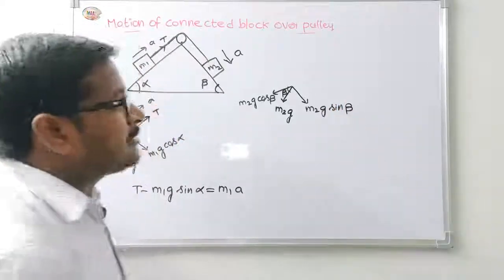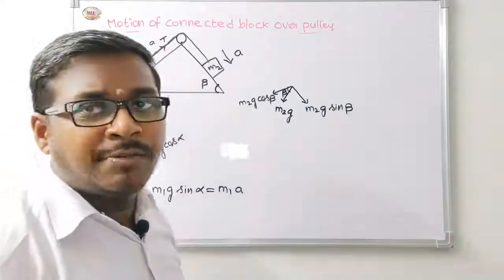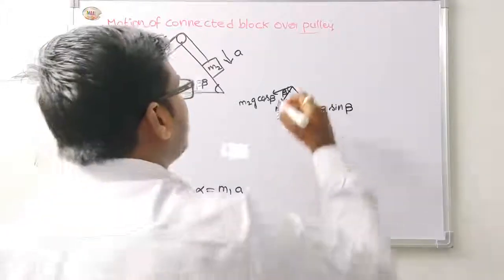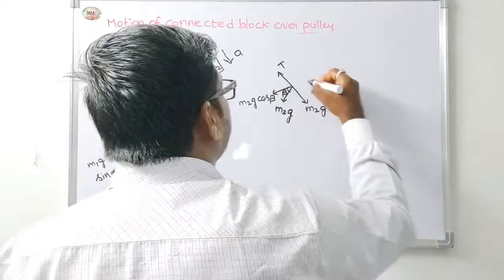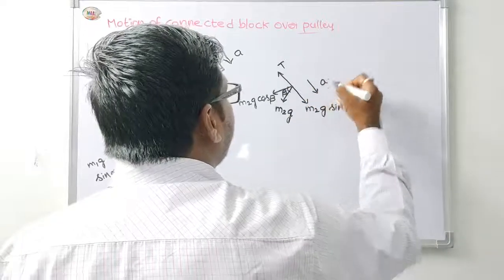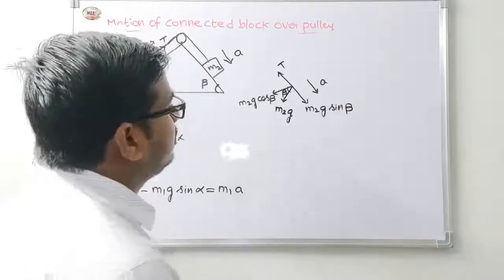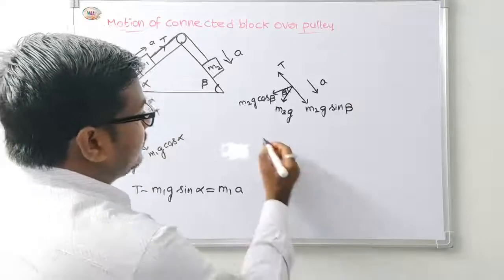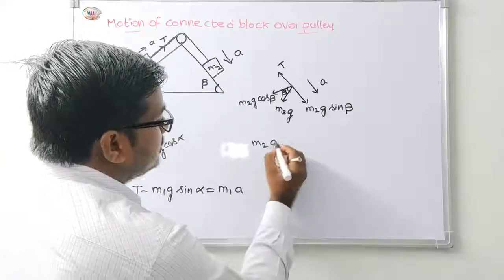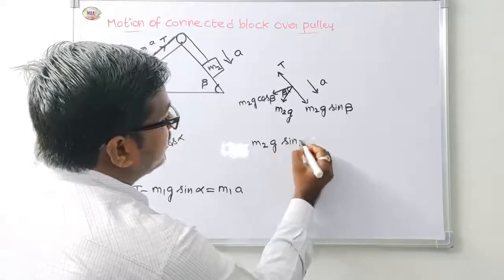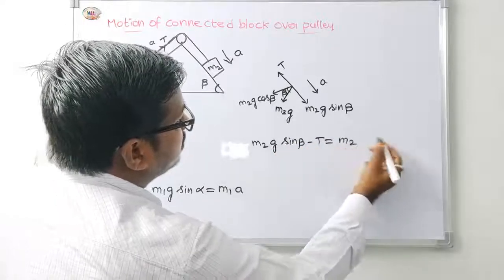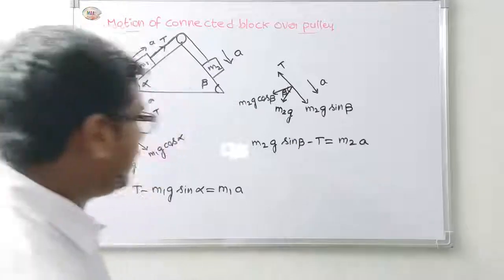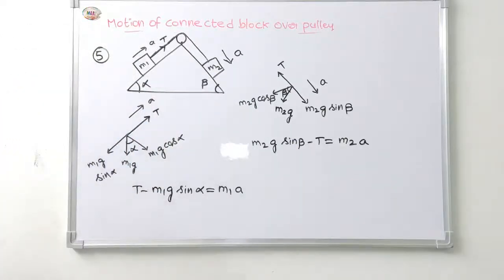The tensional force is acting along the string and the acceleration is acting downward. So M2G sin beta minus T is equal to M2A.